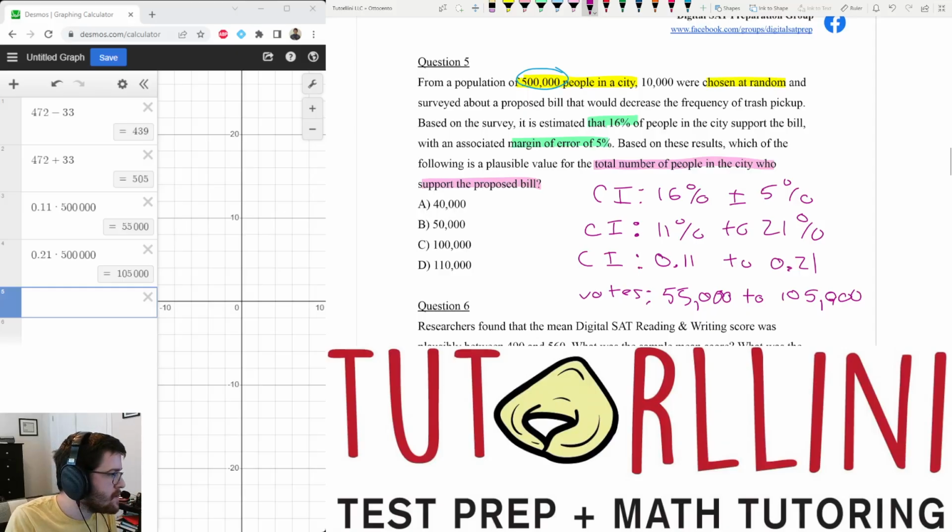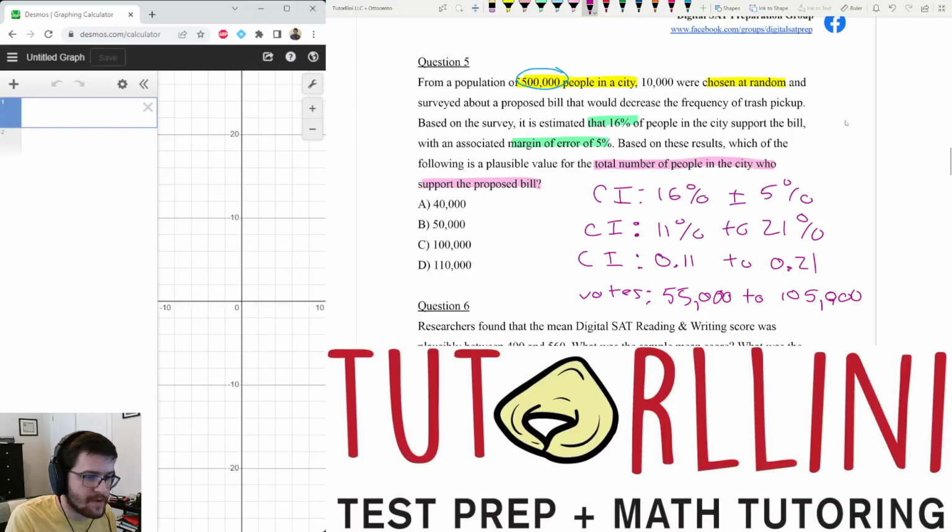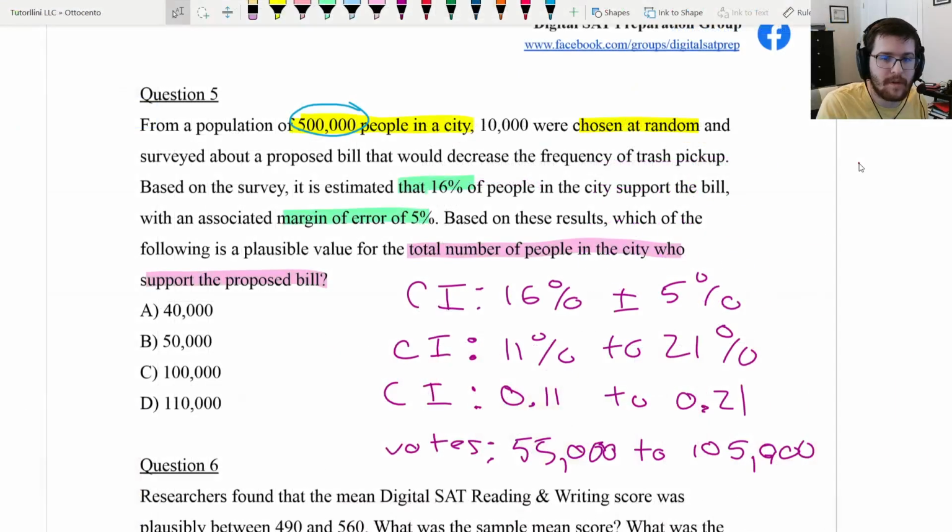Great. Looks good. Let's get rid of this. All right, so now we just have to see which one is plausible, which one is between 55,000 and 105,000. So seems like the only one is C, 100,000. 40,000 and 50,000 are too small, and then 110,000 is too big. Great.